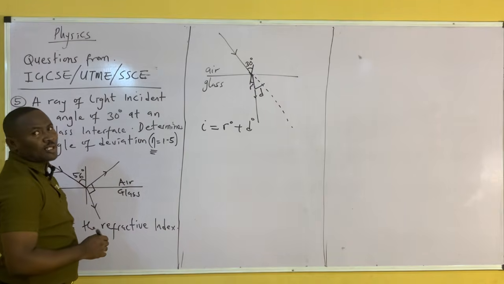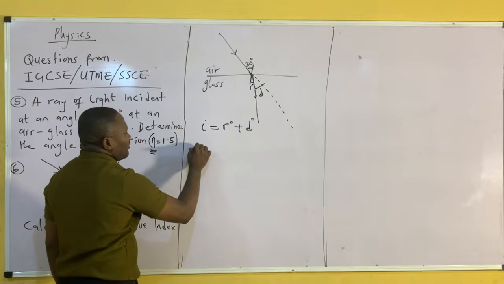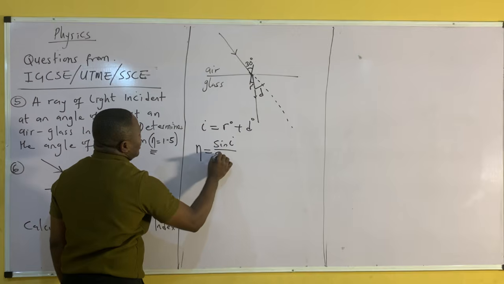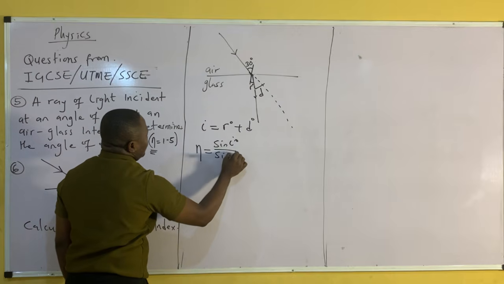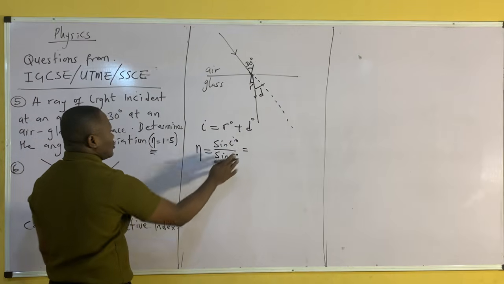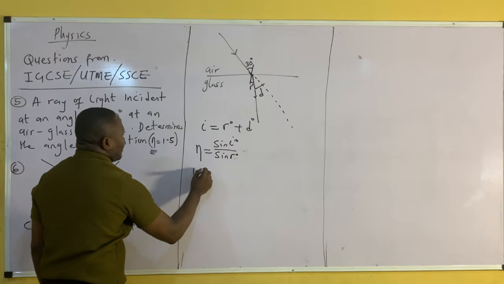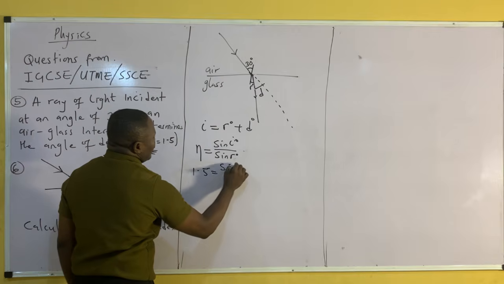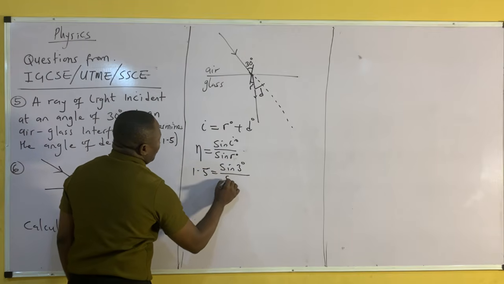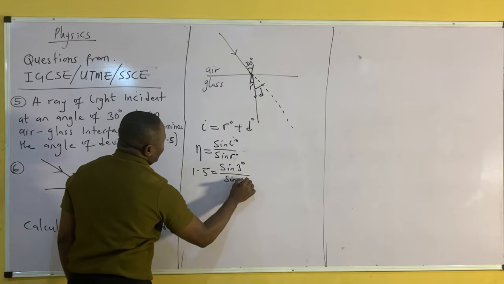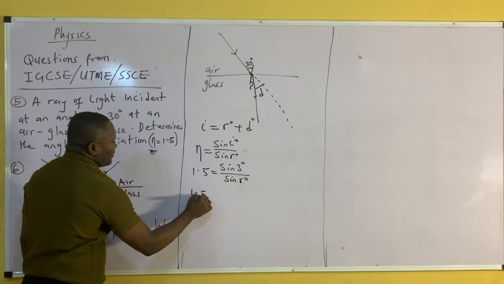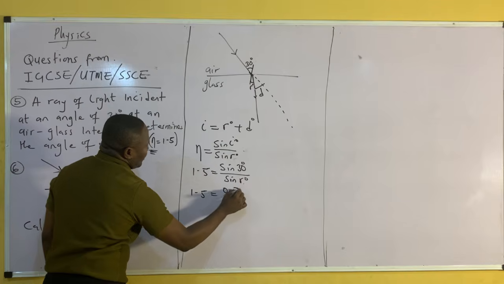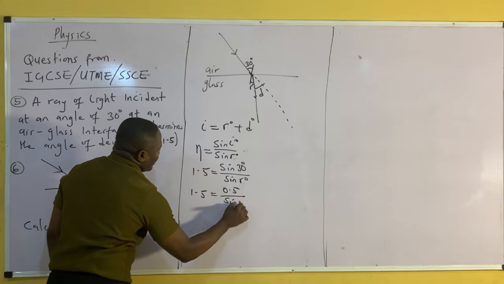I would say refractive index equals sine i over sine r, so I now have it as 1.5, look at it here, is equal to sine 30 degrees over sine r. So 1.5 is equal to sine 30, which is 0.5, over sine r.